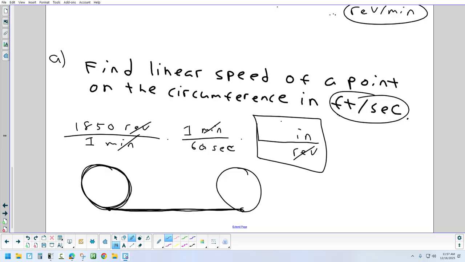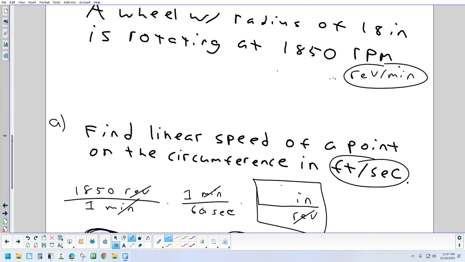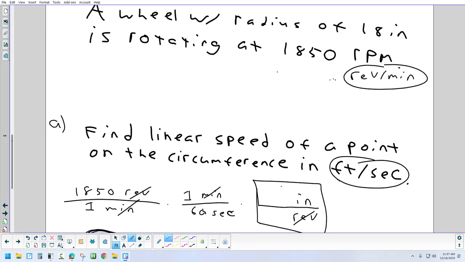So how do you figure out the circumference of a circle? Julia? Yeah, circumference is 2 pi r. And what did they say our radius was in this problem? Dylan? What's our radius in this problem?